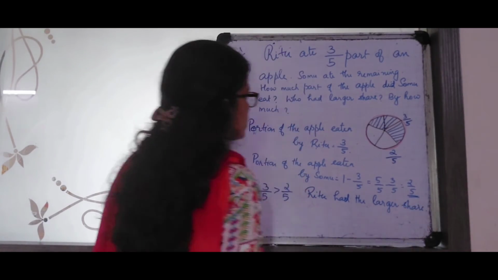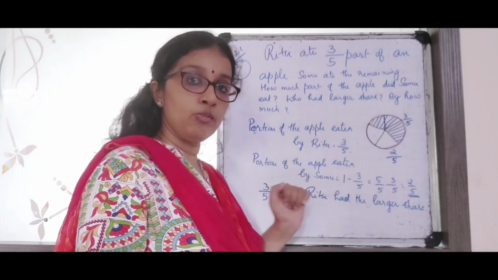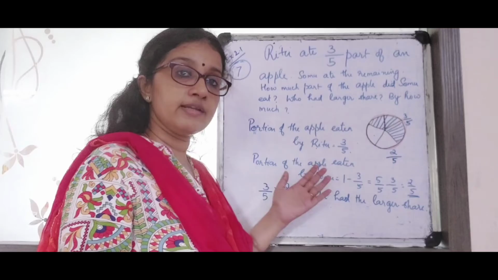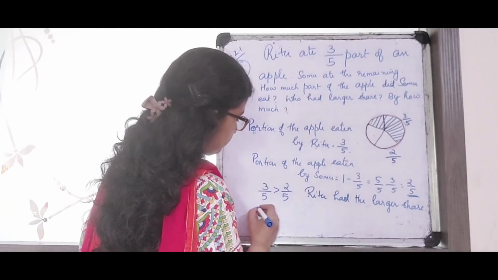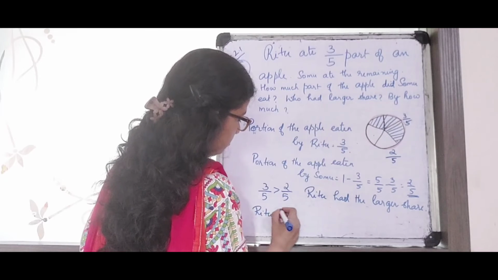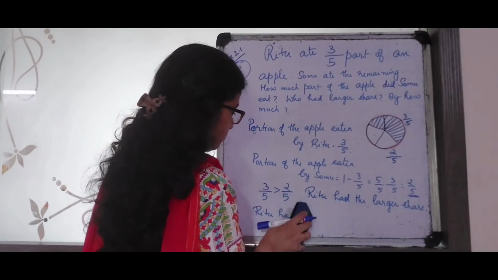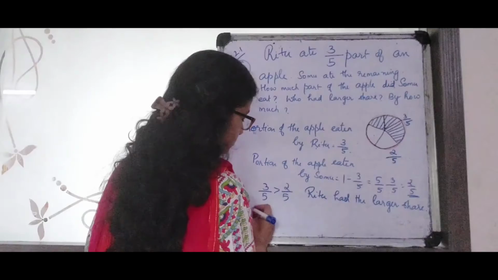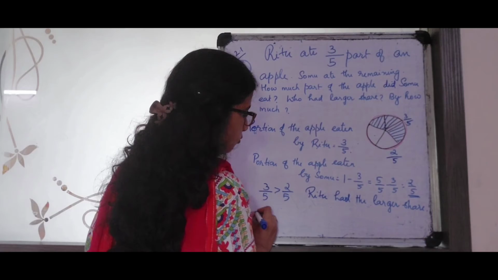Correct. Ritu had the larger share. Now the third question is by how much? By how much Ritu's share is more than or greater than Somu's share? So what should we do?